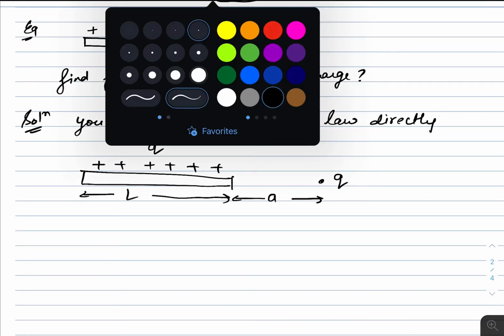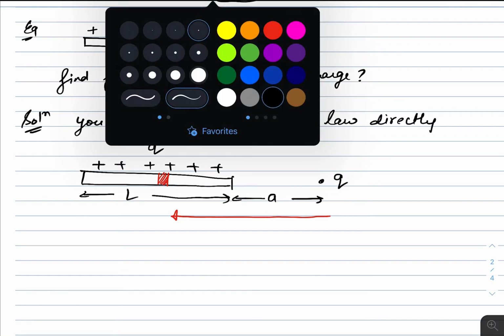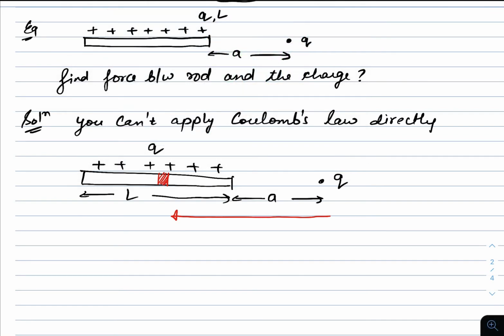I'm taking a distance x from this charge and cutting a small element, shown by the red patch. This small patch is dq, its length is dx, and the distance between the charges will be x.